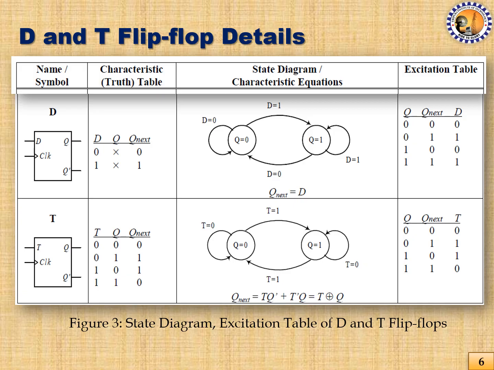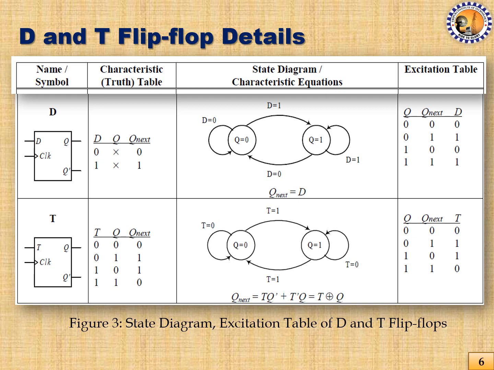And they will migrate from one state to another, like when Q equal to 0 and input T equal to 1, then it will make transition to Q equal to 1. And from Q equal to 1 to Q equal to 0, it will make transition when T equal to 1.